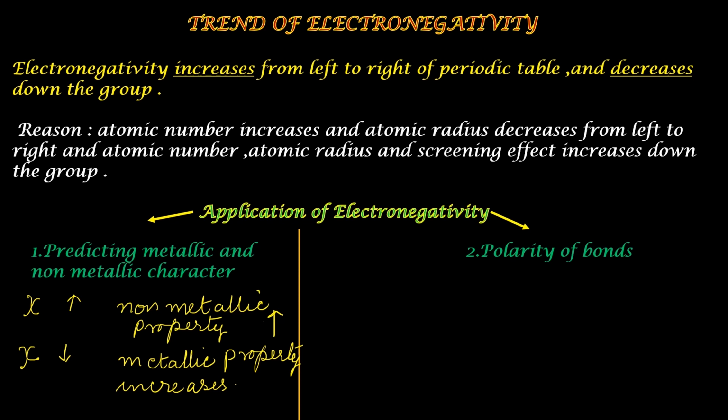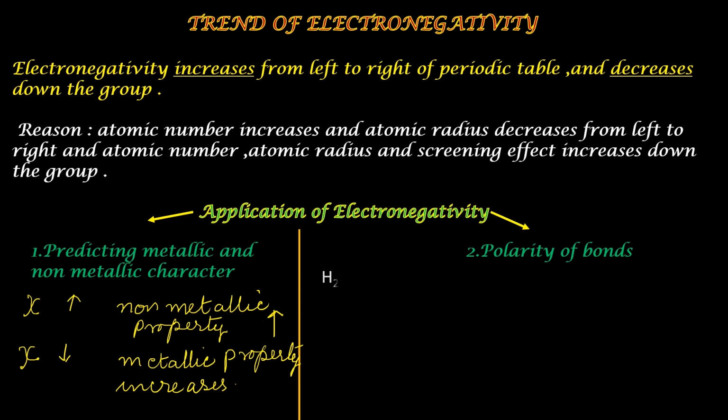We have already seen the trend. Down the group, especially for transition elements, the electronegativity decreases. We have already seen the reasons for that. So, metallic property increases.